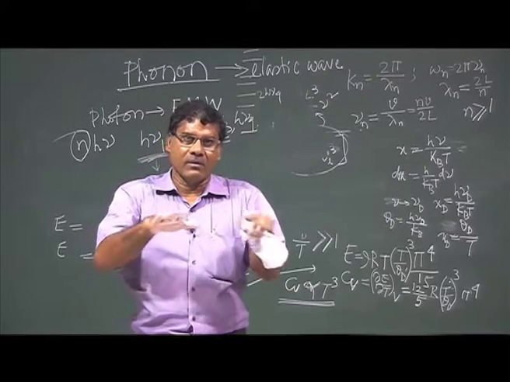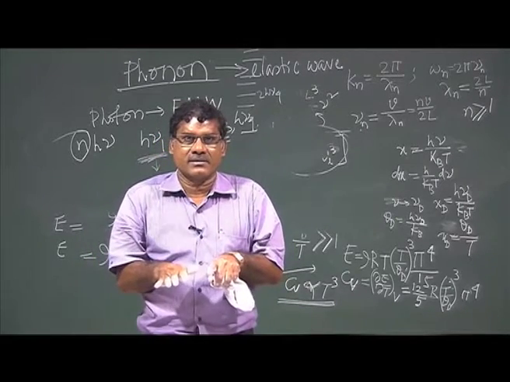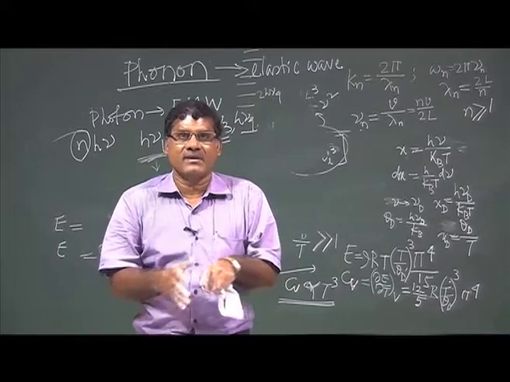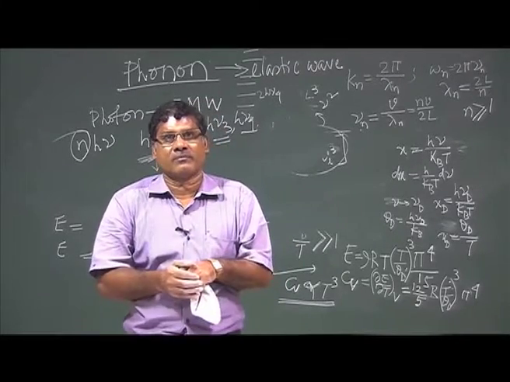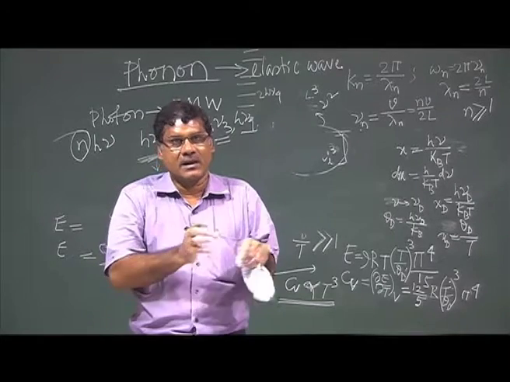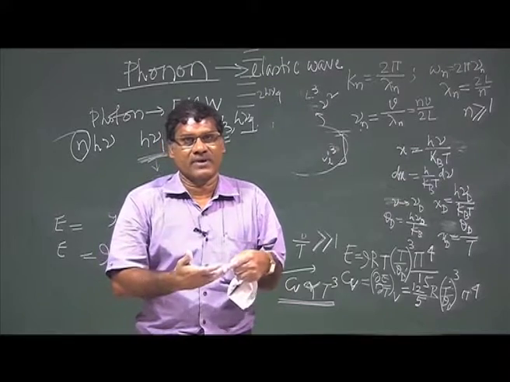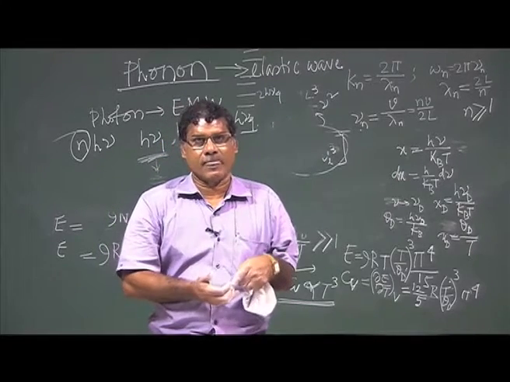If all modes are in the ground state, that means the system has 3n phonons having the lowest energy. Okay. So, each elastic wave is 1 phonon, okay.